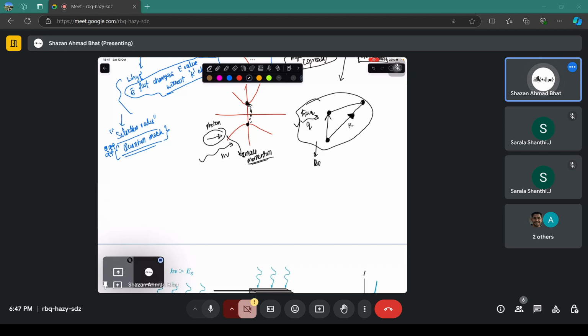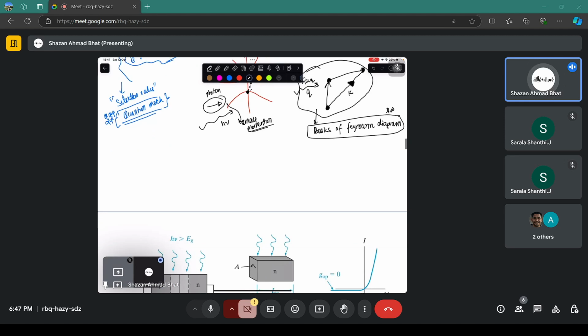This is the basics of something called the Feynman diagram. That is where the higher regime starts, but we won't be going into this particular picture. But if it is the same picture, you have an electron, you have some quasi particle coming in this direction. The electron maybe will go in this particular direction, and you will have the overall wave vector in this direction.